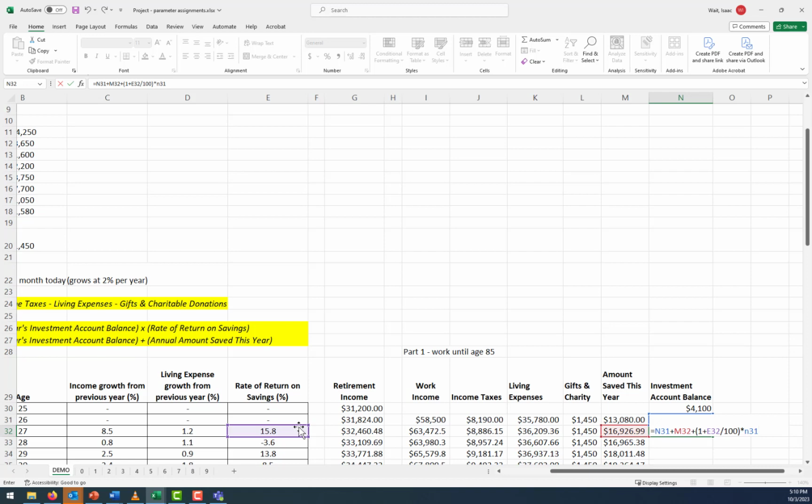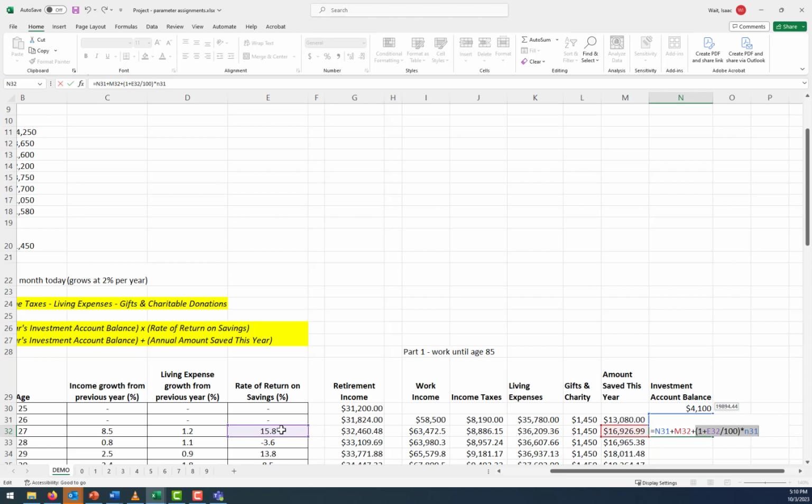That was how much was in the bank last year. So let's just look at this formula. This is saying, at the end of the second year, how much money you have in your account is the amount that you had at the end of the first year, N31, the new money that you saved this year, M32, and then this last term represents the interest that you've accumulated based on last year's balance.